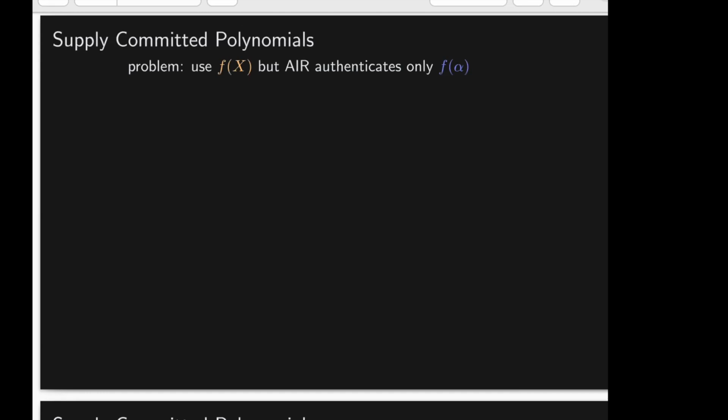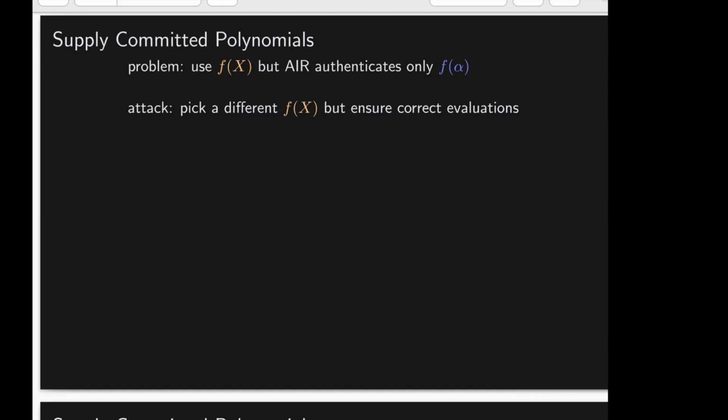And it's difficult to do that with this formalism, because the constraints only authenticate the correct evolution of evaluations. They don't actually look at the polynomial as it was before evaluation. And so there's an attack that's always lurking in the background.